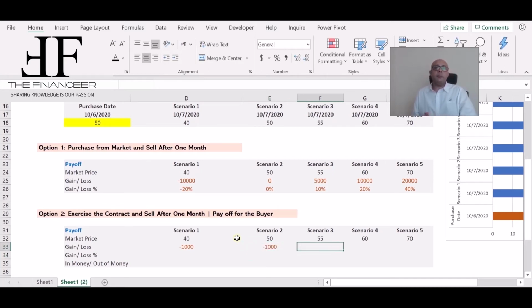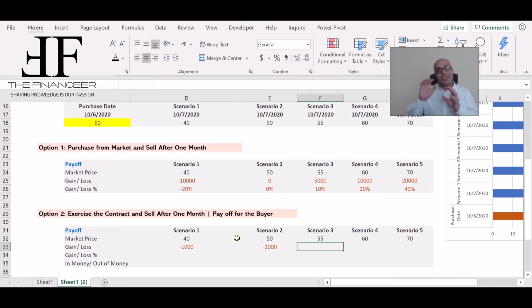In scenario number 3, the market price is 55 and the strike price in the option contract is 55. Purchasing from the market or exercising the option both will result in an outflow of cash of 55. In this case, you paid an initial investment of $1,000. If you hadn't purchased the contract and paid this $1,000, and you purchased from the market at 55, you could save this $1,000.